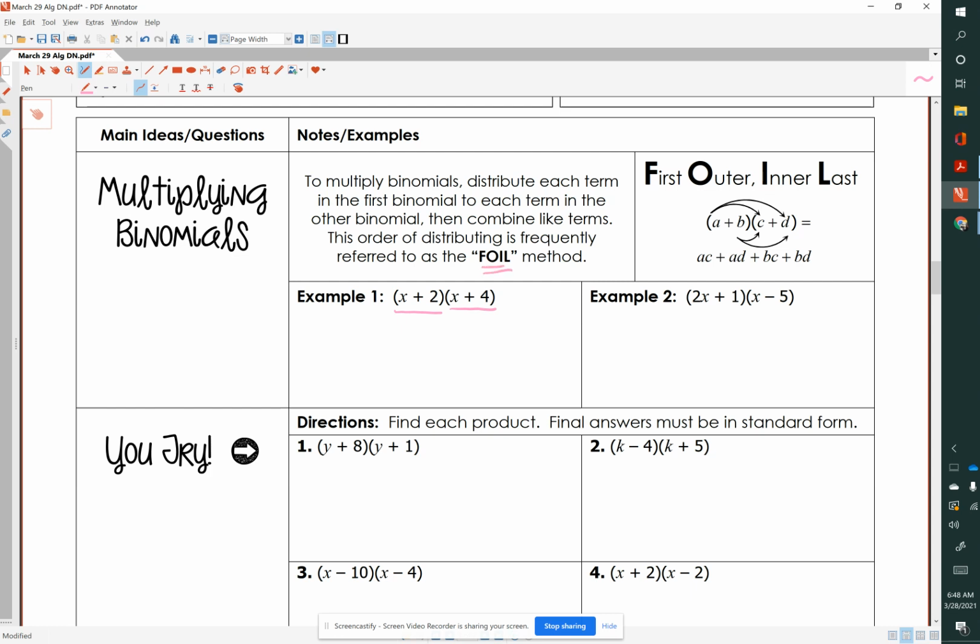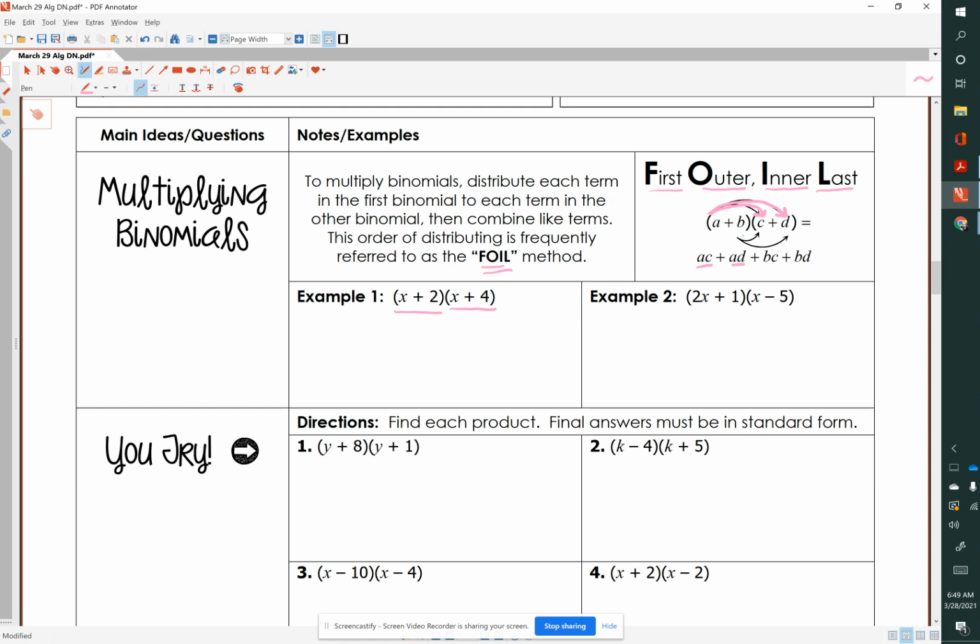And FOIL stands for first, outer, inner, and last. So you multiply the first term in the first binomial by the first term in the second binomial. Then you multiply both the outer terms together. So if we're using a plus b multiplied by c plus d, you'll multiply a by c first, and then a by d.